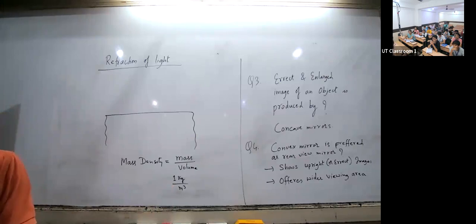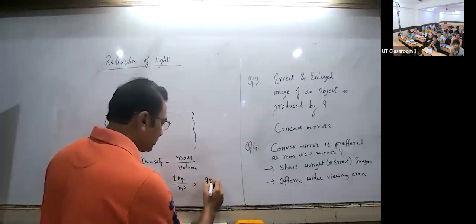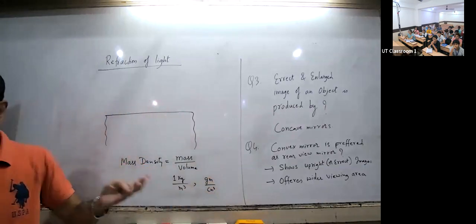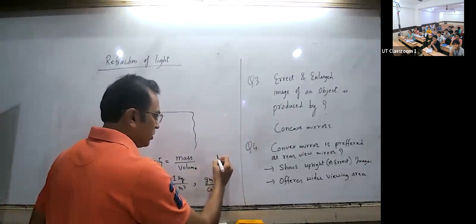So density basically differentiates among substances in terms of their heaviness, or how much matter is condensed in a given volume. Meter cube is very big. So if you talk about gram per centimeter cube, this is much easier to compare. So 1 centimeter cube is how much? 1 centimeter by 1 centimeter by 1 centimeter.